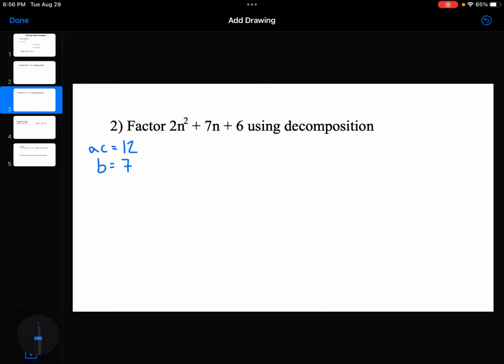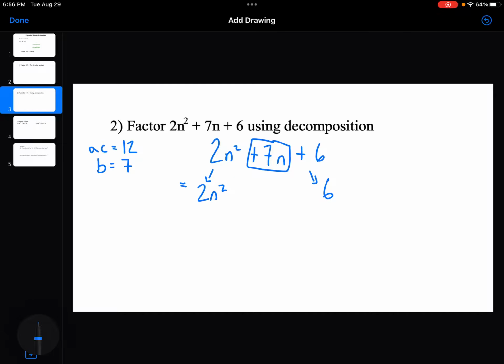So first step, I'm going to just rewrite the whole thing here because I want to have a little bit more space. I'm going to rewrite my 2n squared. And then what I'm actually doing is decomposing the 7 and rewriting my 6.